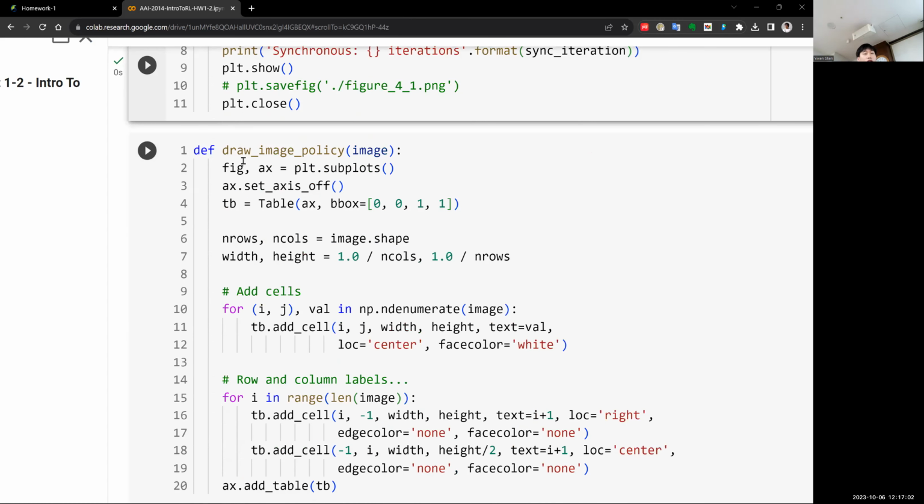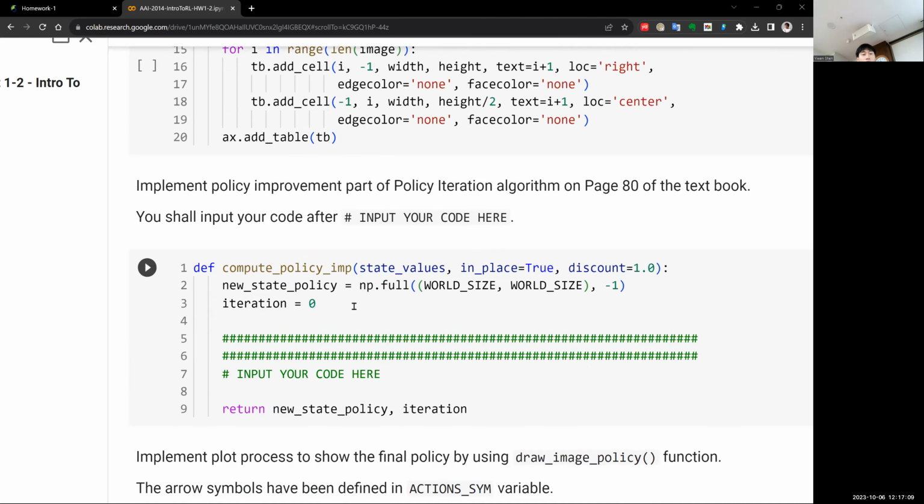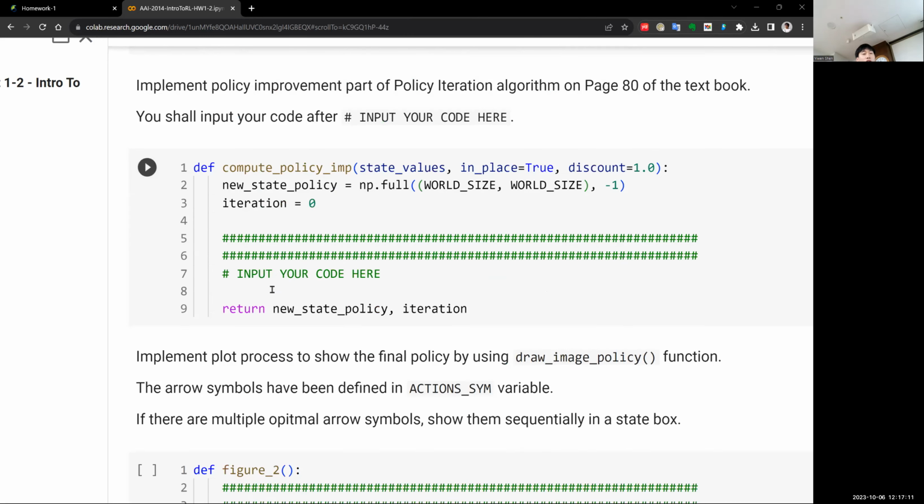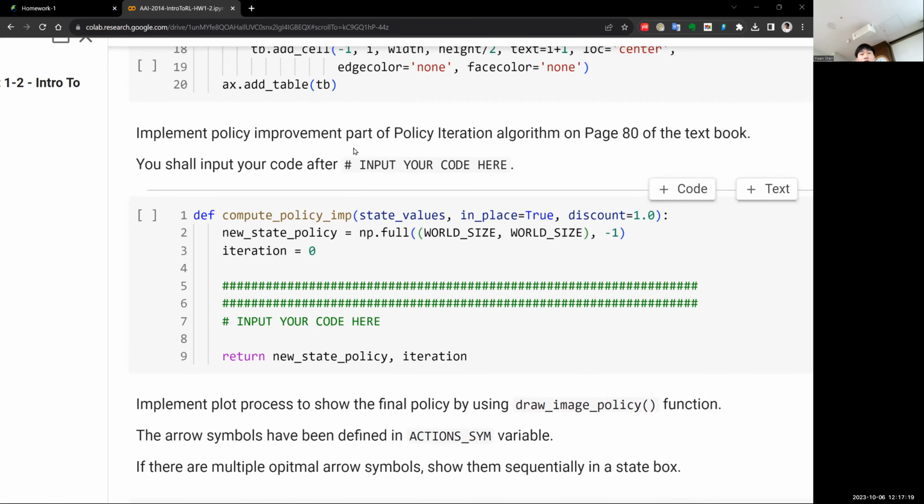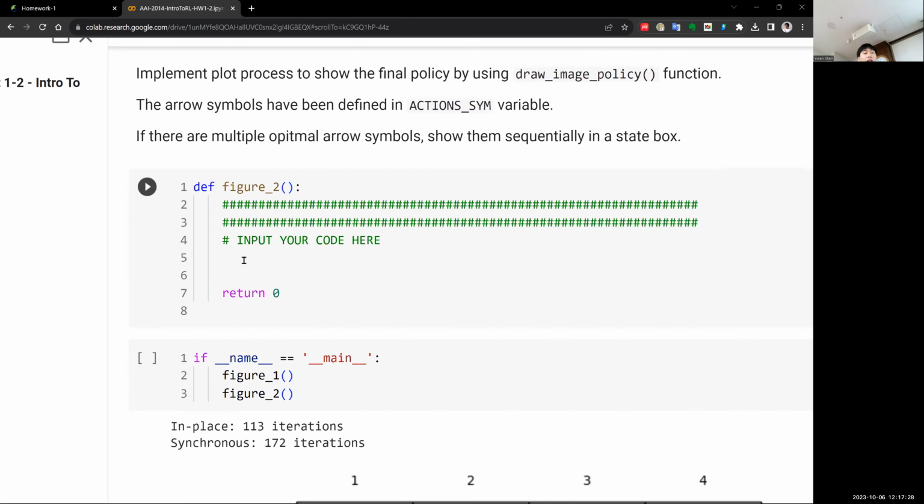Now the draw image policy function is actually the same as the previous draw image function, so we don't run it. What you need to implement is here, compute policy improvement. You input your code here. You can refer to page 80 of the textbook, or in the slides we also have this policy iteration process and how to draw the figure.